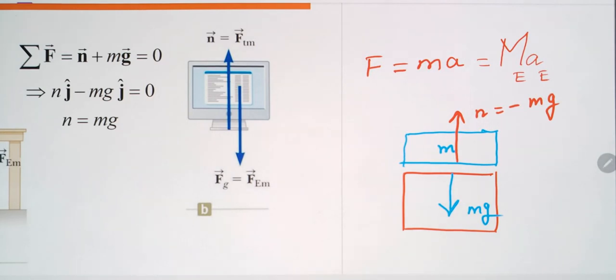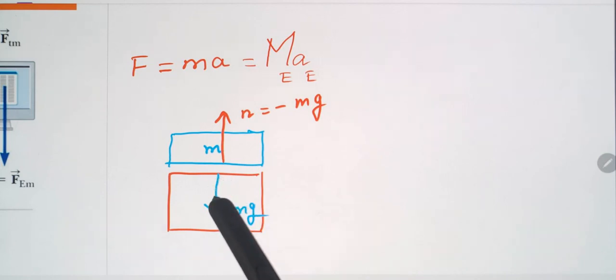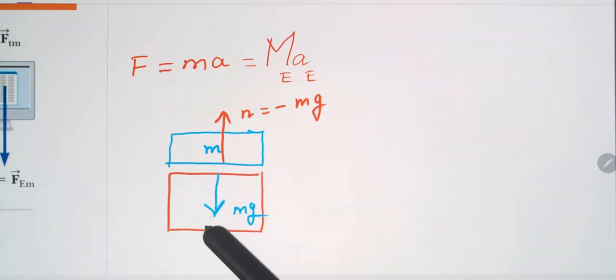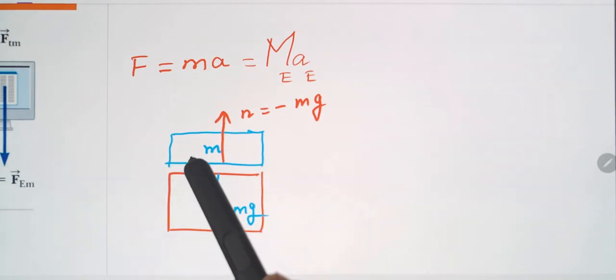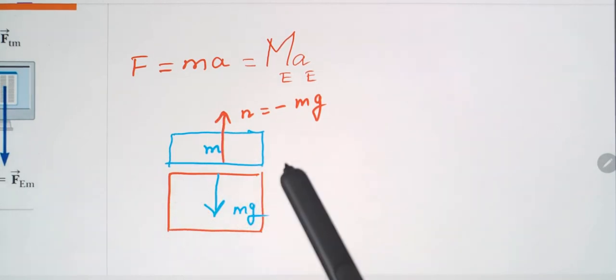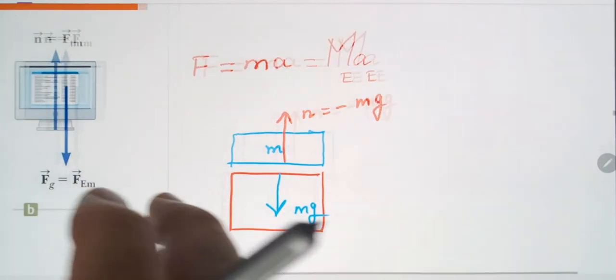So notice that the action force from the blue object on the red object happens on the red object. The reaction force happens on the blue object. You cannot have both on the same object. Action and reaction, one in one object, the other in the other object. That's an important concept.